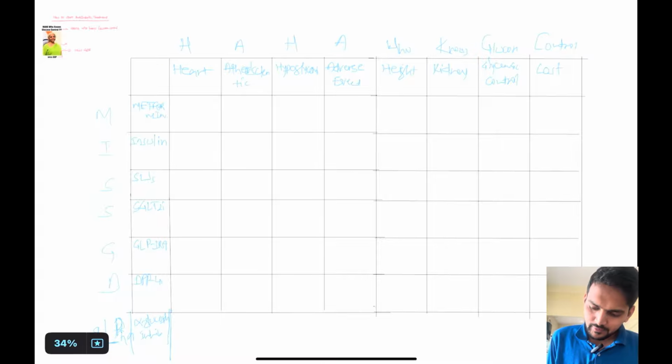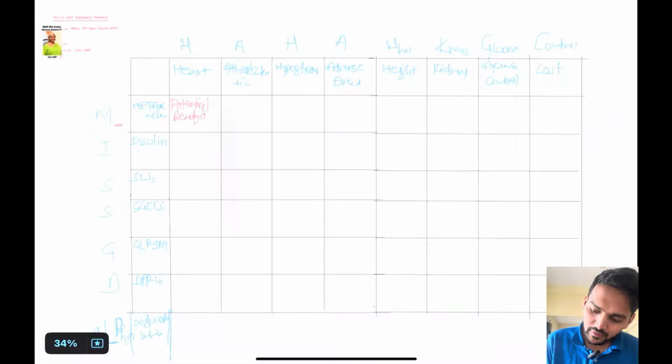So we should start considering each of these points for each of the diabetic group of medications. We will start now. When it comes to metformin, this M, we know that in heart health, it has potential benefits. And in atherosclerotic events also, it has proven potential benefits. When it comes to hypoglycemia risks, we know that there is very low risk of hypoglycemic events.